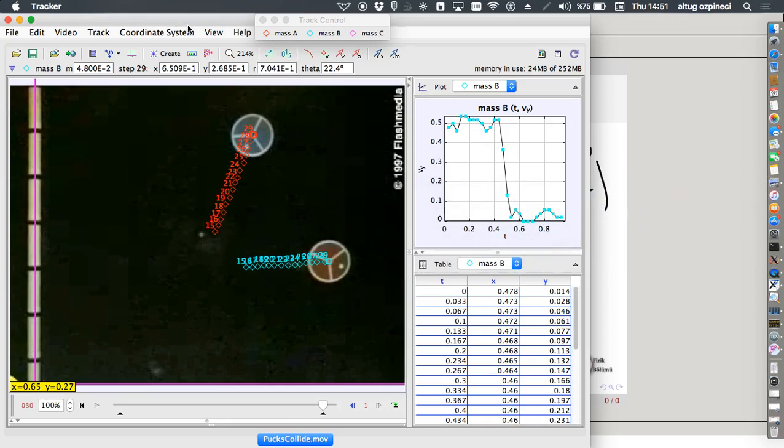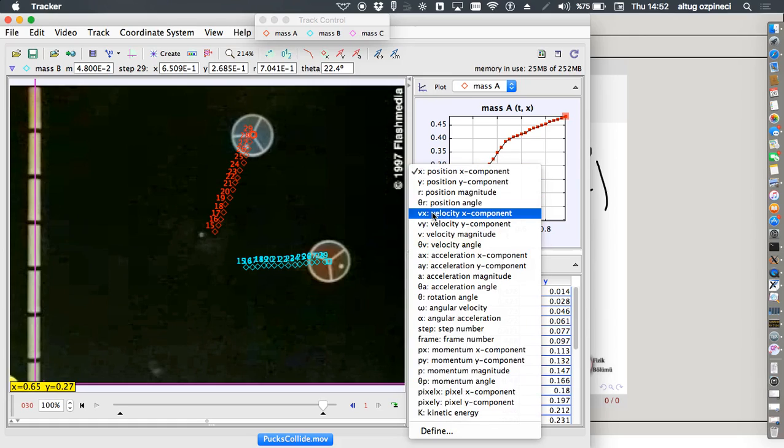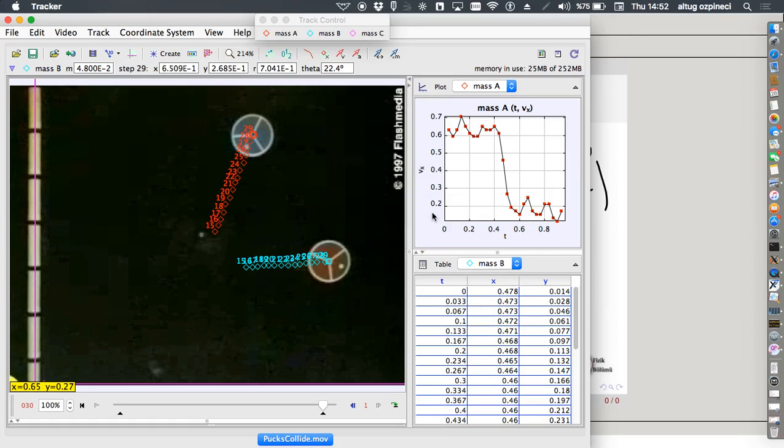Now let's look at this example. Now we have these two masses, the mass A and mass B. Let's first determine the velocities of the objects. Let's start with the mass A. This is the velocity of mass A as a function of time.